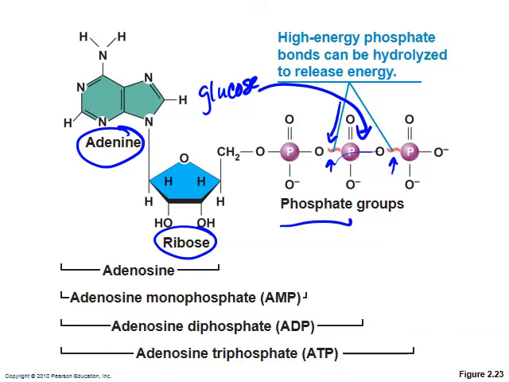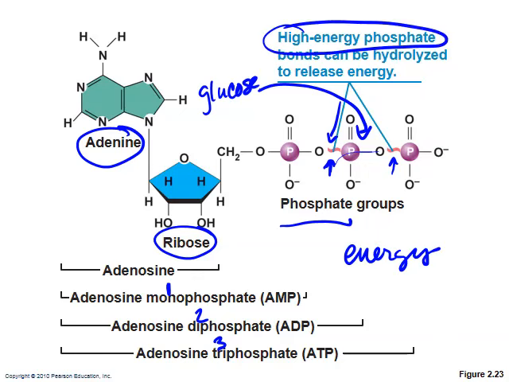A sugar, a base, and a phosphate. If you have only one phosphate, you're monophosphate. If you have two, if you have three. So in these bonds, we have lots of stored energy, high energy phosphate bonds. If you break that bond, energy is released.